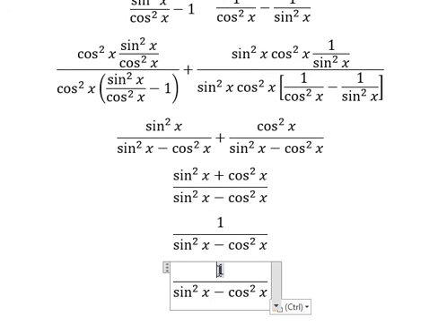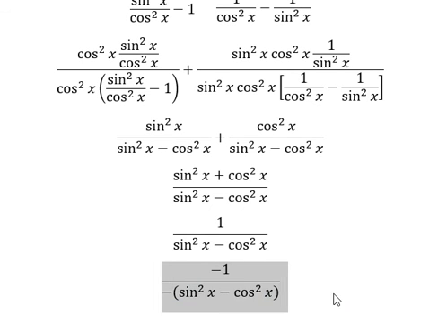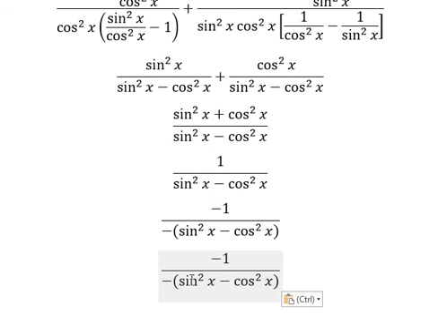Next, I will put the negative on numerator and denominator. We put the negative inside sine squared x and cosine squared x.